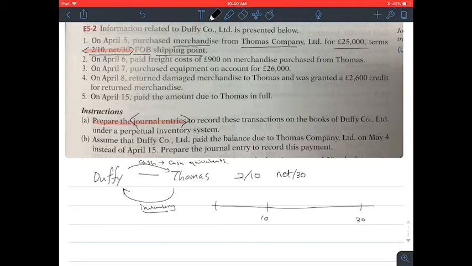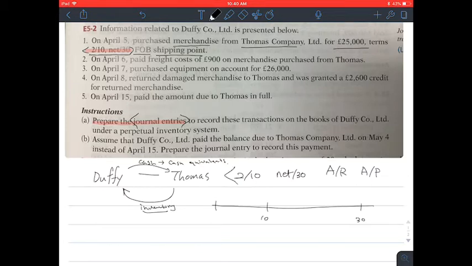Many times business transactions are on account, so it's either accounts receivable or accounts payable, so you have to pay in the near future or you have to receive in the near future.